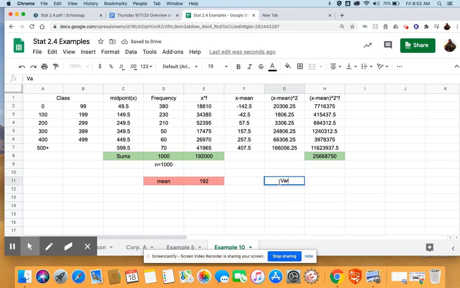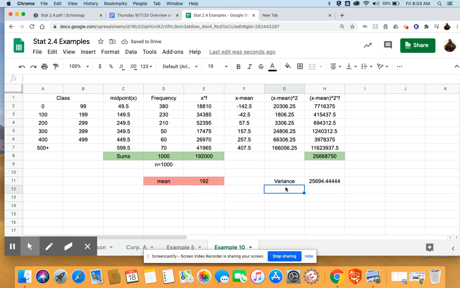We're going to come down here and find variance. We're going to find that by taking this number that we just found and dividing it by 999. Why 999? Because this is a sample. And when we divide in a sample to find variance and standard deviation, we divide by n, our sample size, minus 1.